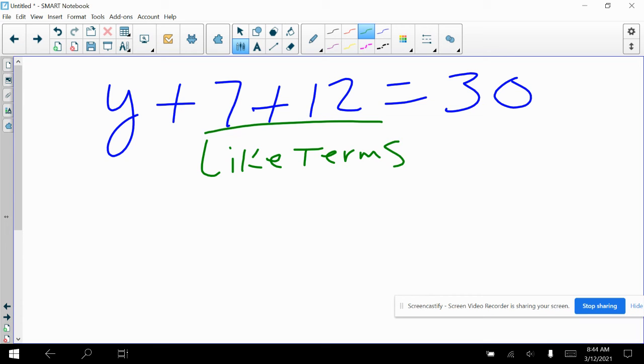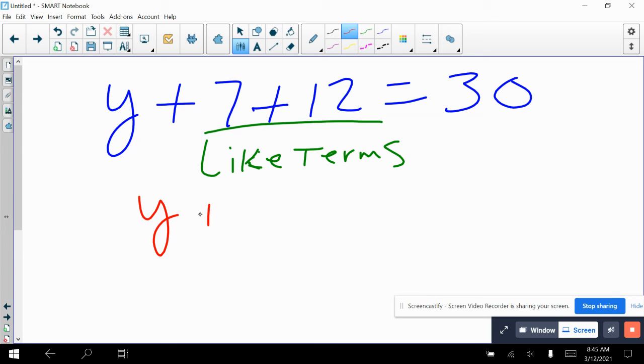You have like terms. Remember when we talked about coefficients, constants, terms, variables? We combined like terms. Remember that? Some of you do, some of you don't. Well, again, they're coming back. Okay, so again, what do we always say? We want to simplify things as far as we can until we can't do it anymore, and then we can start the process.